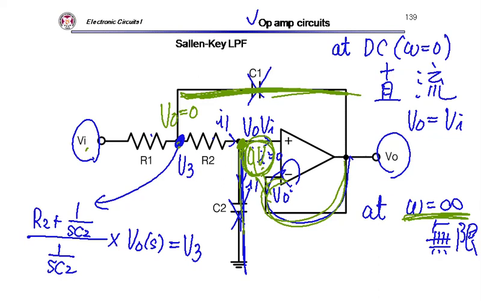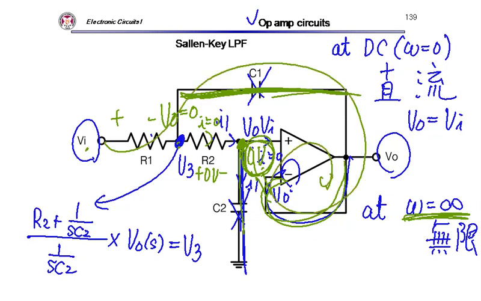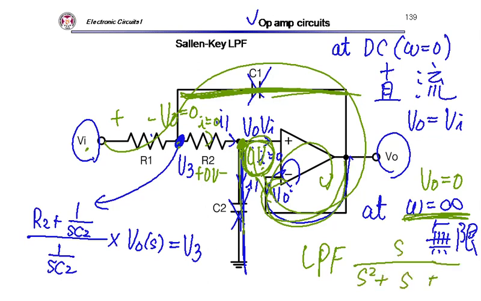There shouldn't be any current in here, so this voltage is 0 because the current is 0. The voltage drop is between VI and there, so no problem: VO equals 0. So you can figure out it's a low pass filter. You can calculate the transfer function, something like that.